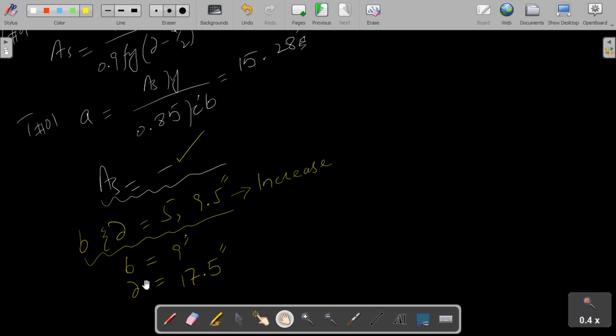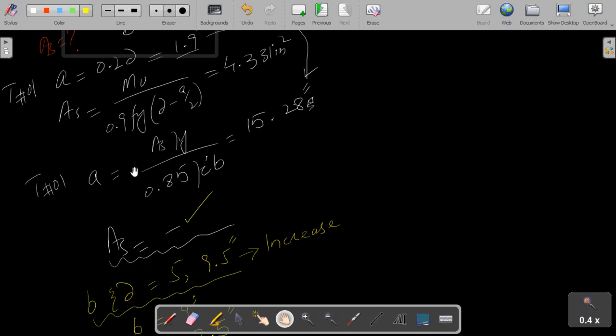So this is a way that you can increase your values. You suppose different values and use different trials for B and D, and you find out your result, whether the area of steel you got in trial 1 will coincide with trial 2 or not.